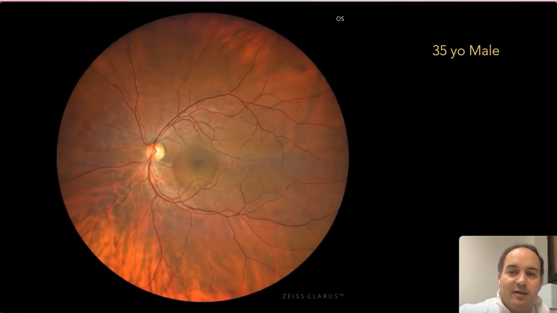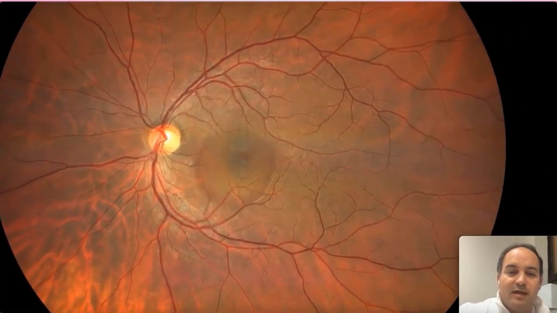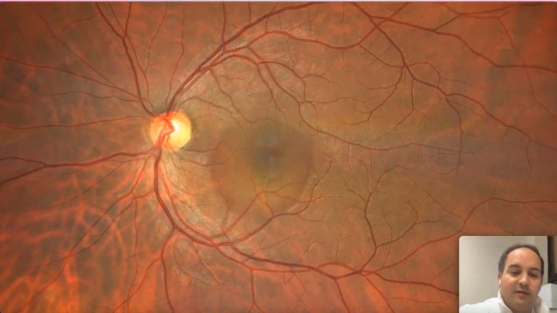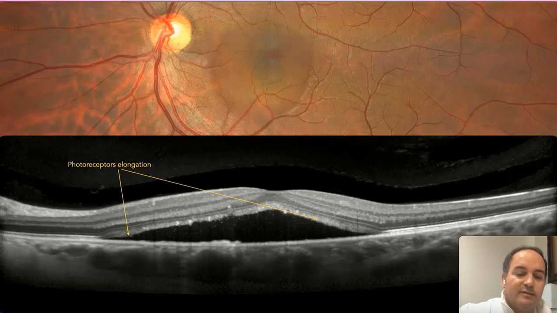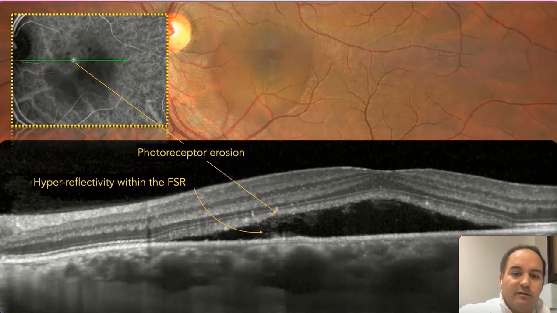So here we have a young 35-year-old male with this bubble of subretinal fluid. As we see here in the OCT, you have this subretinal fluid, but you have this photoreceptor elongation that's typical of CSCR.